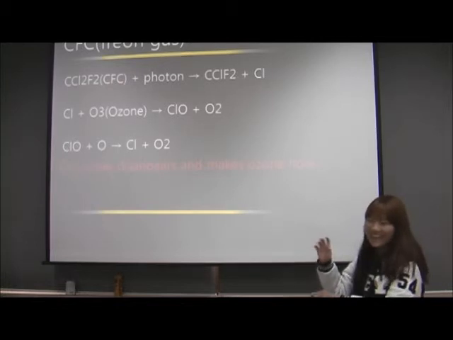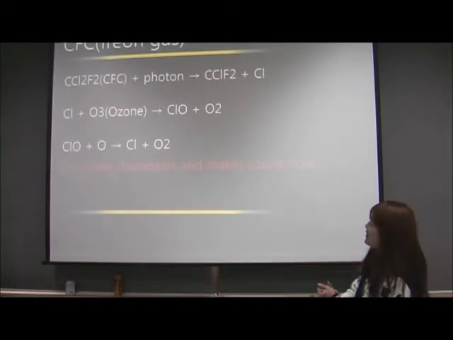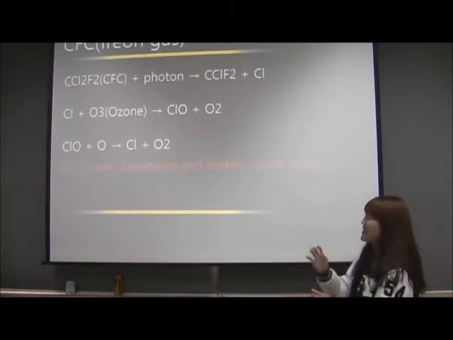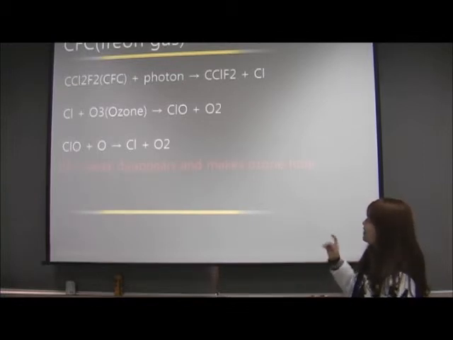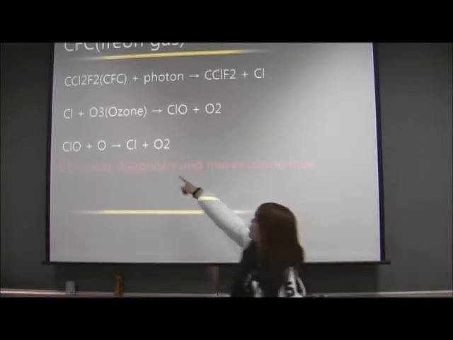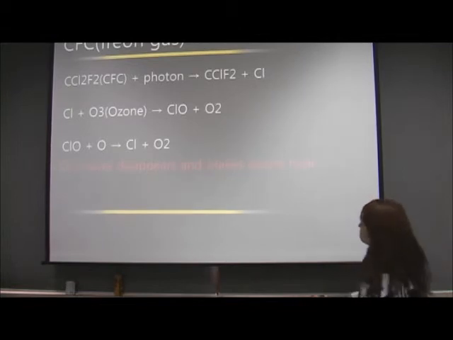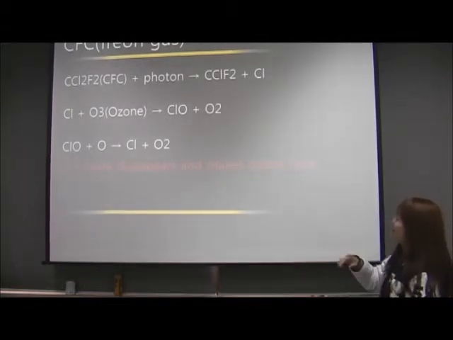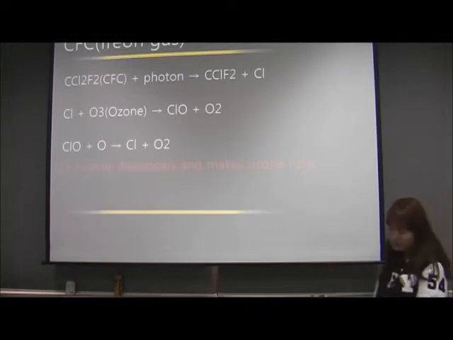It looks a little complicated, but the only fact you should realize here is that chlorine never disappears, and it changes ozone to oxygen, which means making more ozone hole.